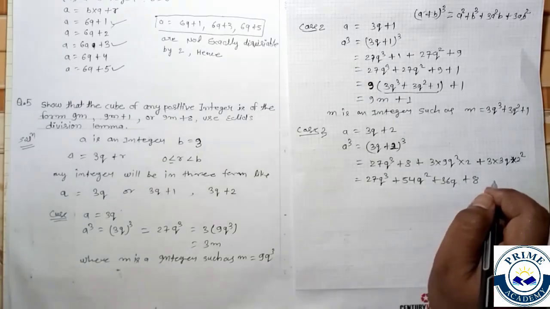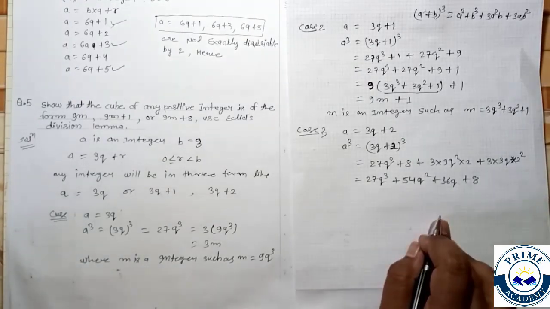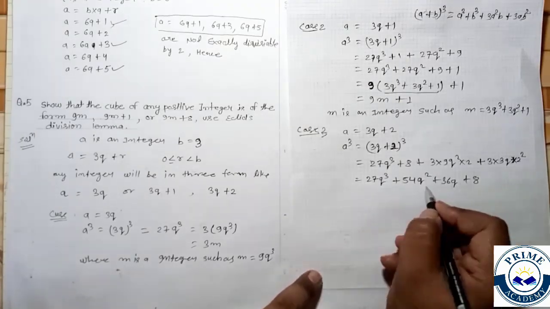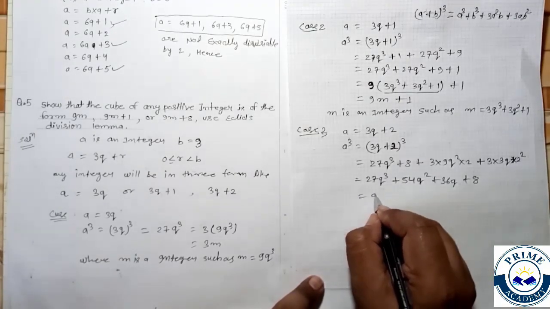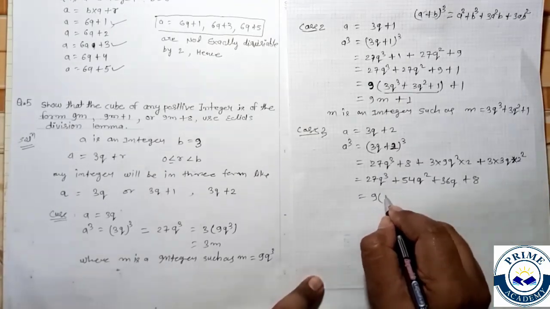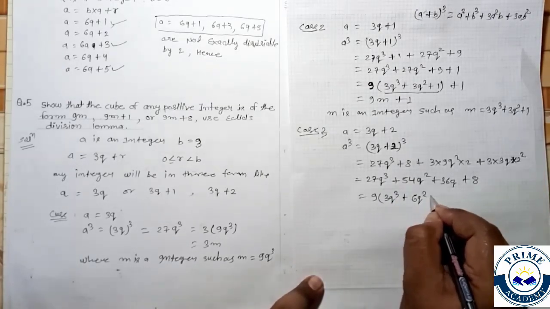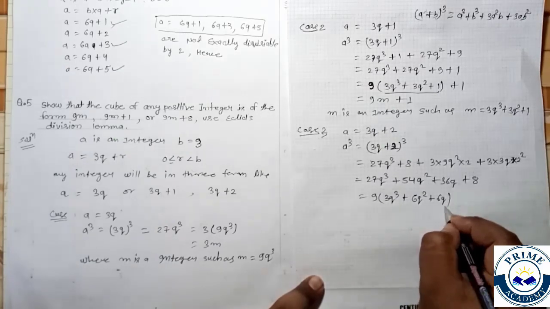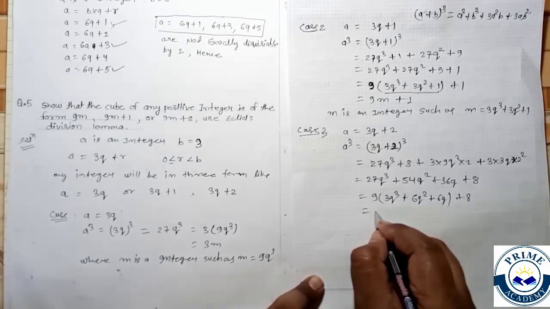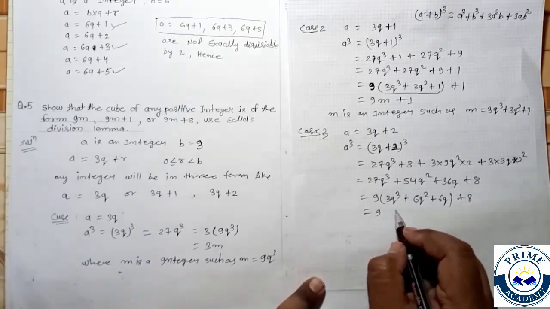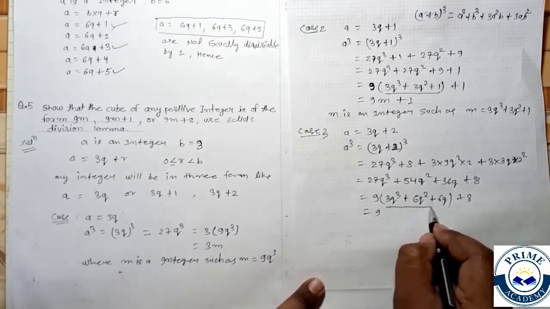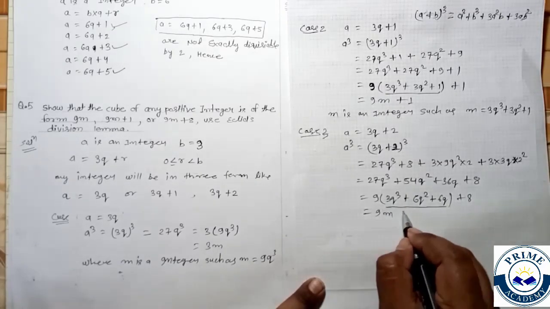So you just take what is common between these. 9 is the common factor. You will get 9 times (3q cube plus 6q square plus 4q) plus 8, where this whole term I am replacing by m, so 9m plus 8.